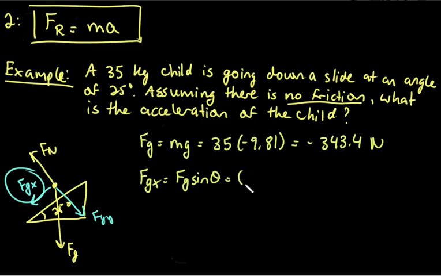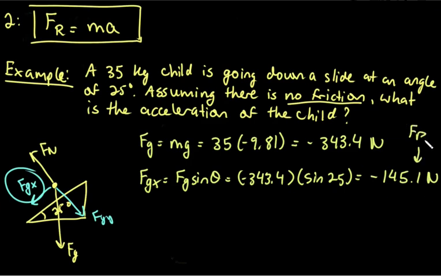So, negative 343.4 times the sine of 25, and that will give us negative 145.1 newtons. So this is our resultant force right here, that's acting on the child, causing it to slide down the slide.